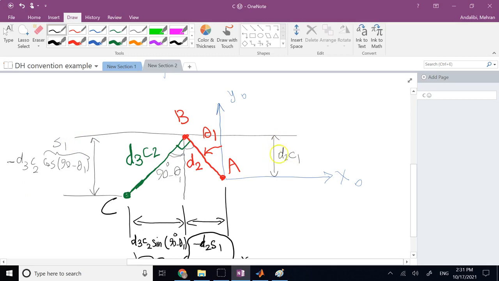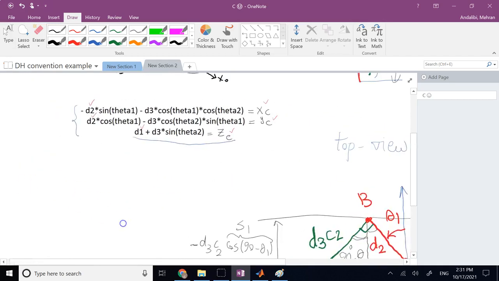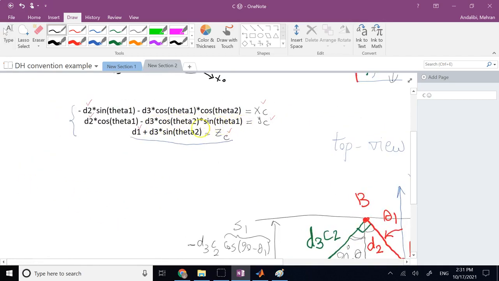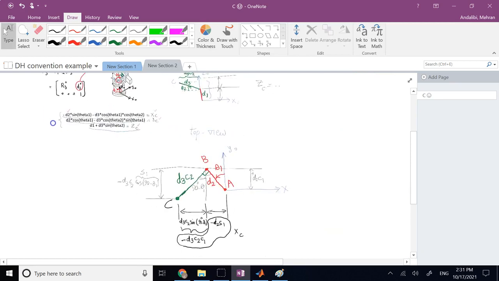So it is going to be positive d2 c1 minus d3 cosine 2 sine 1, and I guess that's exactly this term. Right?